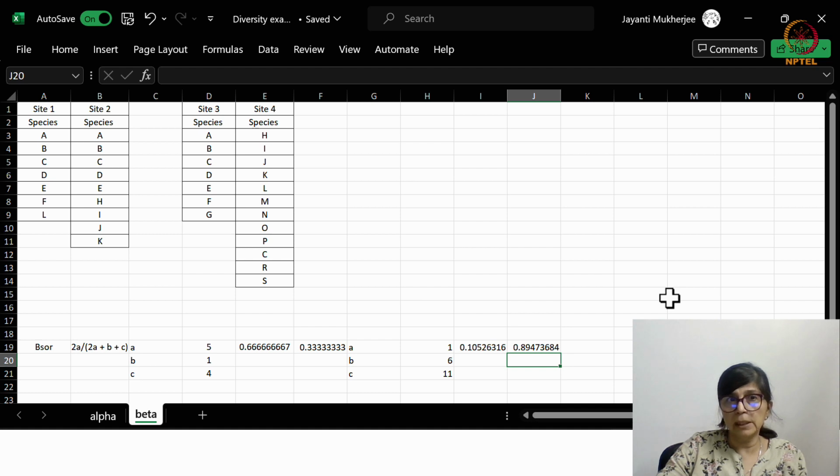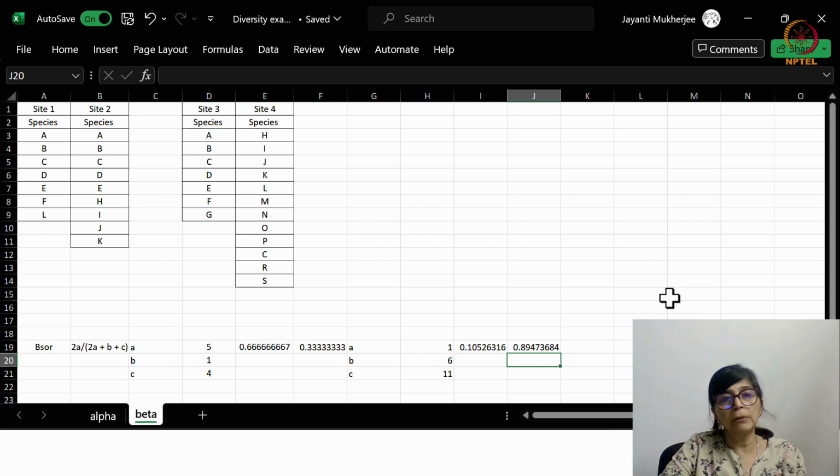By that I mean how much does species diversity change with space. So I put say 10 plots and I calculate beta diversity from one plot to another. Okay, and I can actually compare what is the turnover or how many unique species are being added to these plots. So that is a good way of comparing.